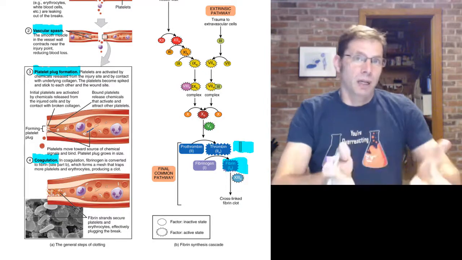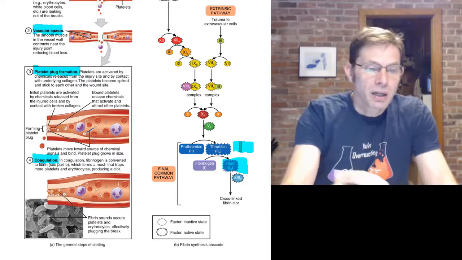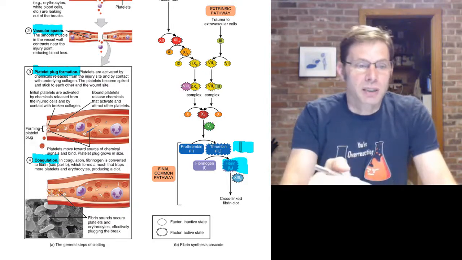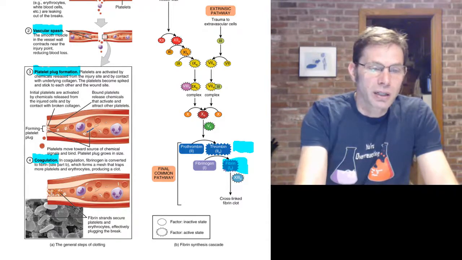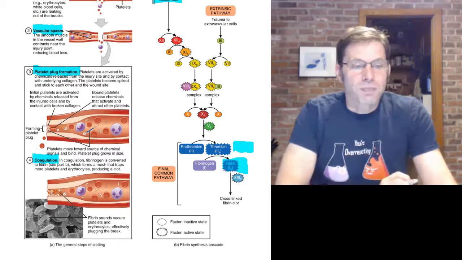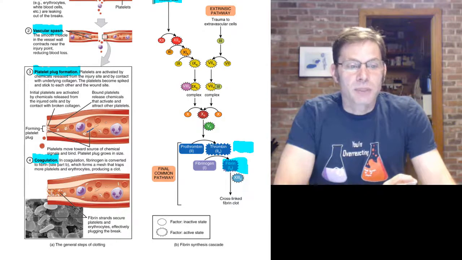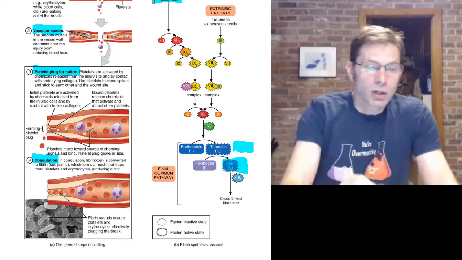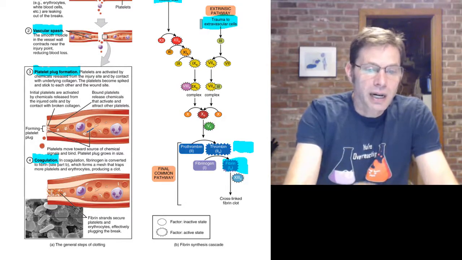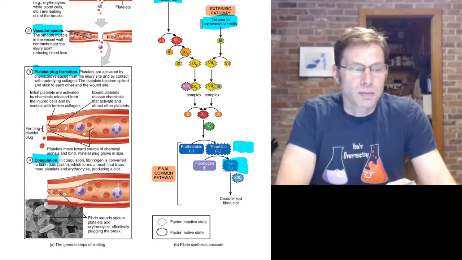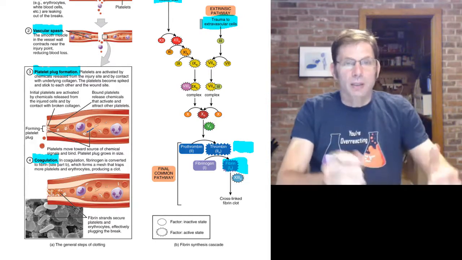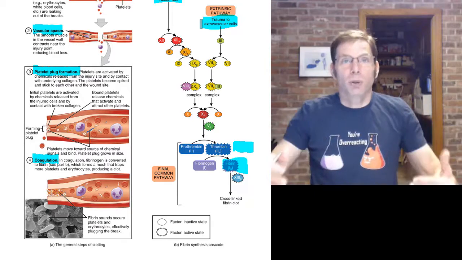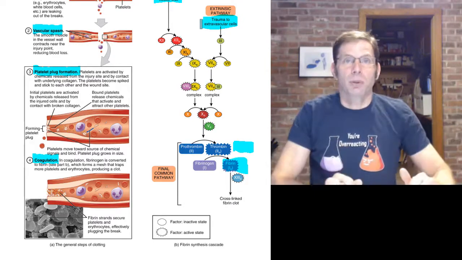And what turns on thrombin are other enzymes. There's an enzyme cascade. So we're going to have factors released from cells of the damaged wall and cells outside of the damaged wall. And those factors, they're mostly proteases, meaning they chop up proteins.